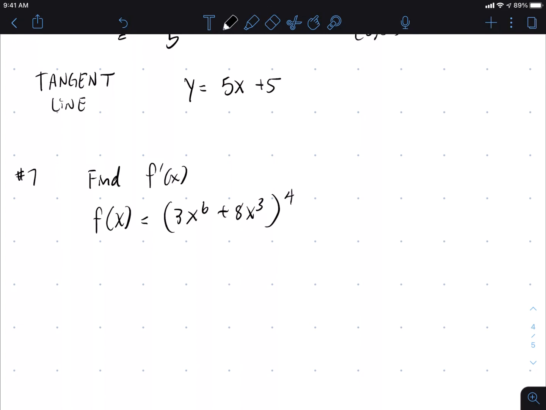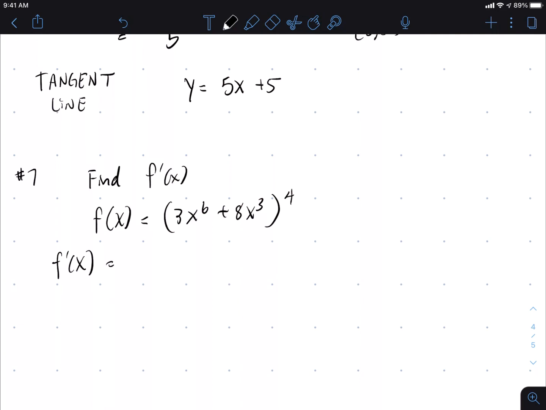This one is just a product rule, right? It's nothing to it. Product rule? I mean, no, the chain rule. Power rule, like. Well, it's the chain rule. It's got the power rule in it. Yeah. So look, if I go f prime of x, I have to do the outer part first, correct? So the outer part's the 4.